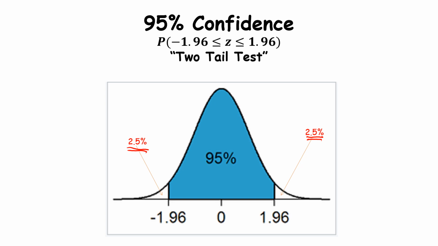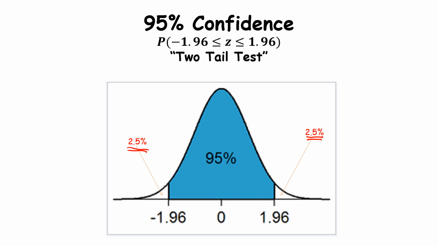We end up with this two-tail test where there is 95% of the data between negative 1.96 and positive 1.96. So we're always going to talk about this in terms of a two-tail test, not a one-tail test. Just be aware of that now and have this image in your head. A lot of things we're going to do will relate back to this specific image, the idea of 95% in the middle and the 2.5% at either end. So that's the 5% incorrect, the 5% significance.